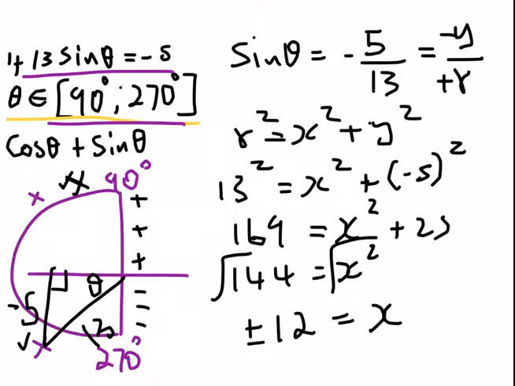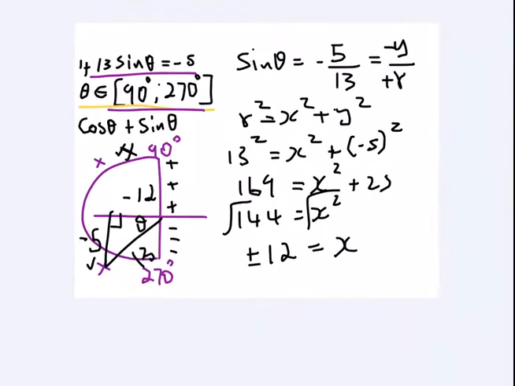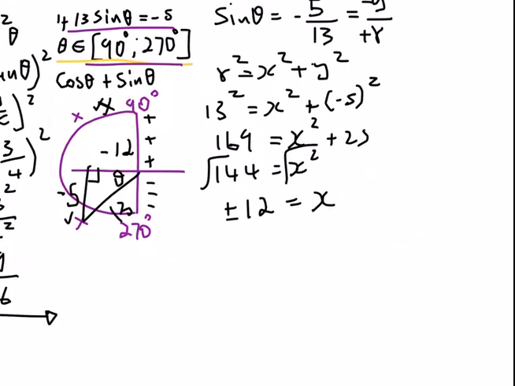Then it becomes a question of whether your x value will be positive or negative 12. Definitely negative 12, because of the quadrant in which the right angle triangle is drawn. So that's why you will conclude that it is in that quadrant, and for that reason it will be negative 12. So now we have done our second step where we completed that.